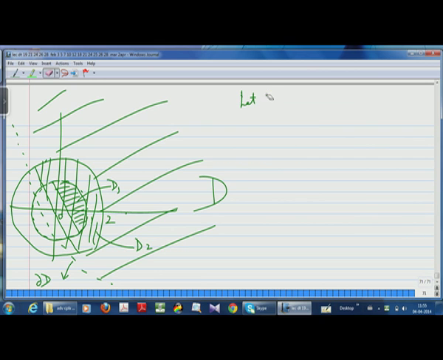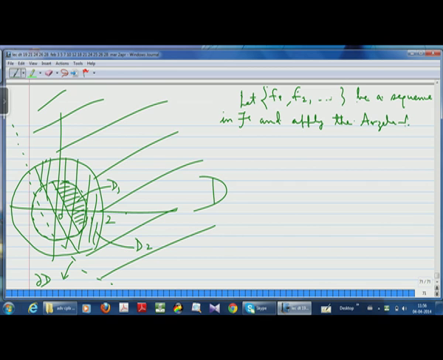So let f1, f2, etc. be a sequence in script F, and apply the Arzela-Ascoli theorem to extract a convergent subsequence on D1, okay.